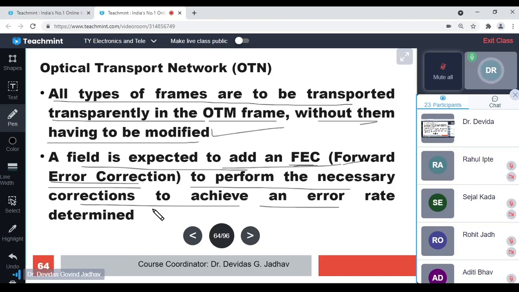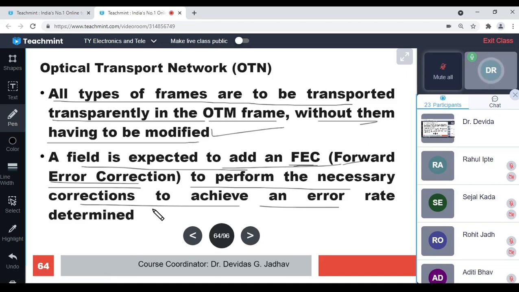So there is always error. That error can be detected: if one packet or one data is sent from the sender node to the receiver node, the receiver checks whether the error is there. If it finds the error in the data packet, it requests again to send the data packet. This is one type of method.